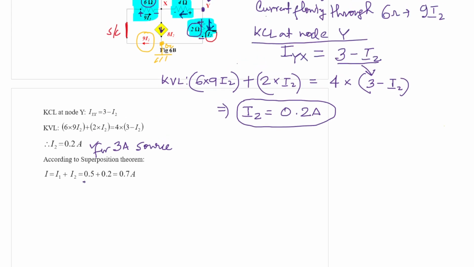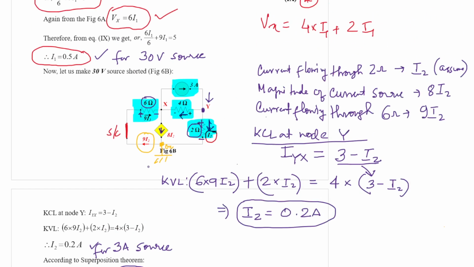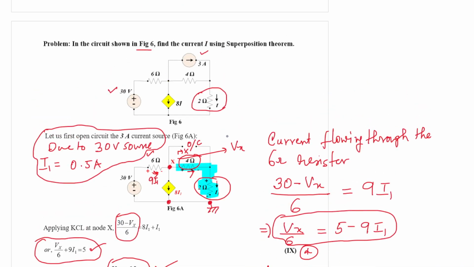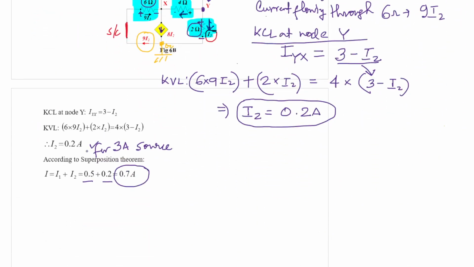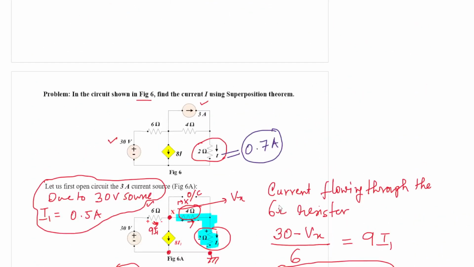So it is 0.5 plus 0.2, that is 0.7 ampere. As per the superposition principle, I is 0.7 ampere. We considered the voltage source first and got a response of 0.5 ampere, then the current source, and got 0.2 ampere. Adding these two gives the total response of 0.7 ampere due to both sources.